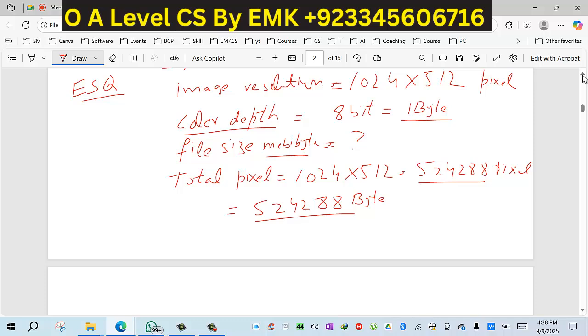Divide by 8. If I want to convert value byte to MB byte, अच्छा, बाइट से MB byte में जाने के लिए मुझे पहले KB byte में जाना पड़ेगा. KB. फिर मैं MB byte में जाऊंगा. What I need to do, please tell me quickly.